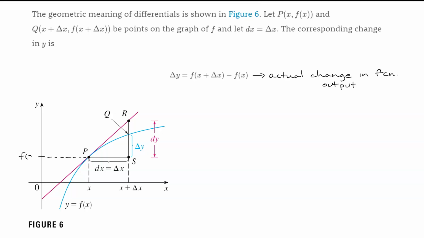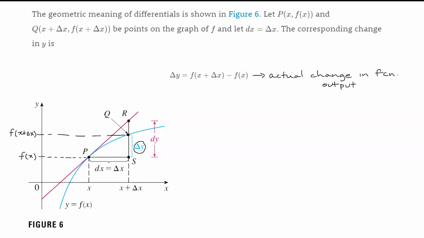Now this delta y, so we have a point P. Its x coordinate is x, its y coordinate is f of x, and then we have a point Q whose x coordinate is x plus delta x, and whose y coordinate, because it's on the blue function f of x, is f of x plus delta x. So when we subtract those two, we get this blue delta y.